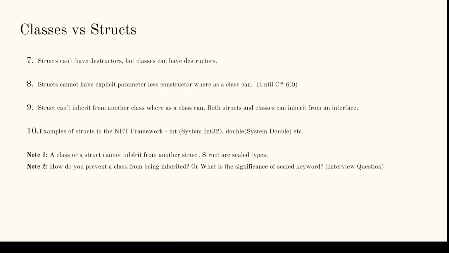A class or a structure cannot inherit from another structure, and structures are sealed types, as we have just seen. And the second point is a very important interview question that you might be asked: how do you prevent a class from being inherited, or what is the significance of the sealed keyword? We have seen that in this video. If we create any class with the sealed keyword, that class cannot be inherited. So this is the significance of the sealed keyword.